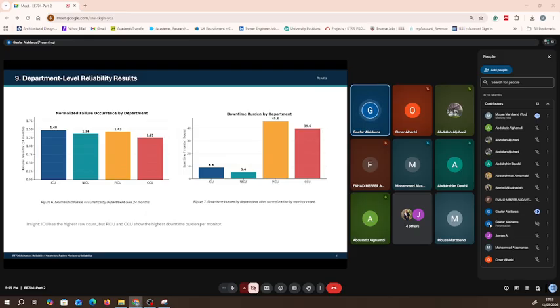This is expected because the ICU also has the largest number of monitors and central stations. The more important finding is that PICU and CCU show higher downtime per monitor. This means that they may have fewer records than the ICU, but some of their events lasted much longer.